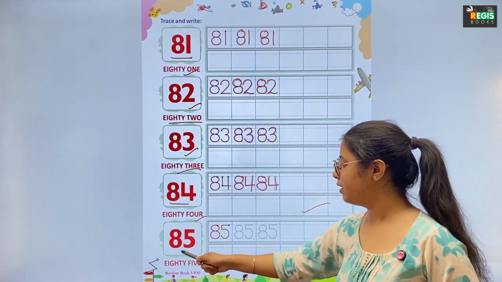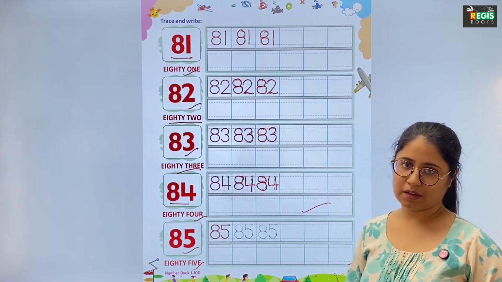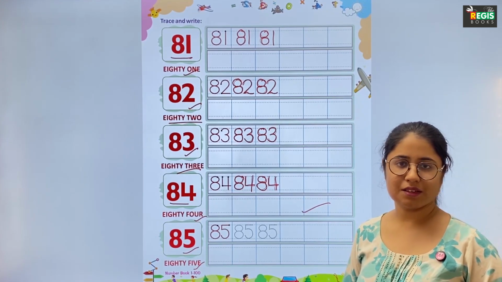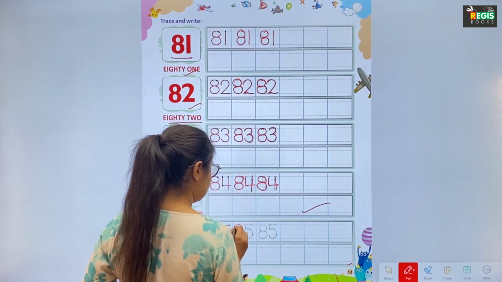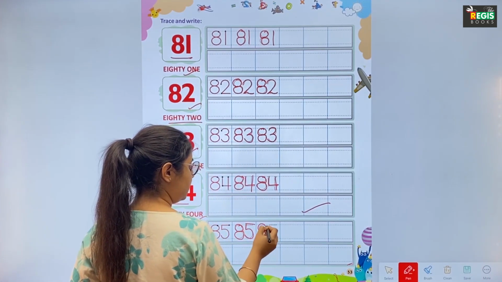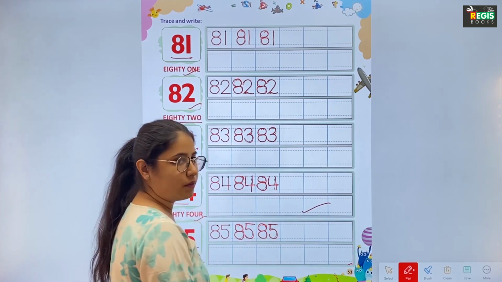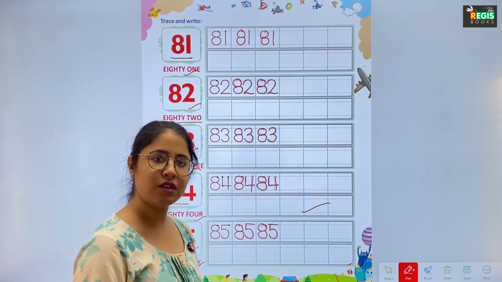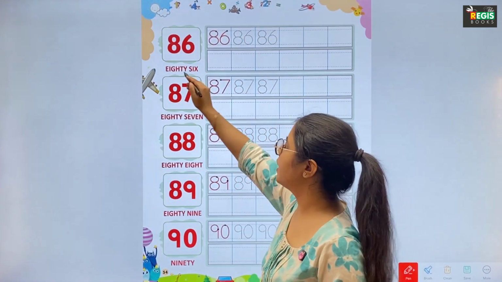85. Write the number 85 by writing 8 and 5 together. 85. And practice number 85 in the rest of the boxes. 86.